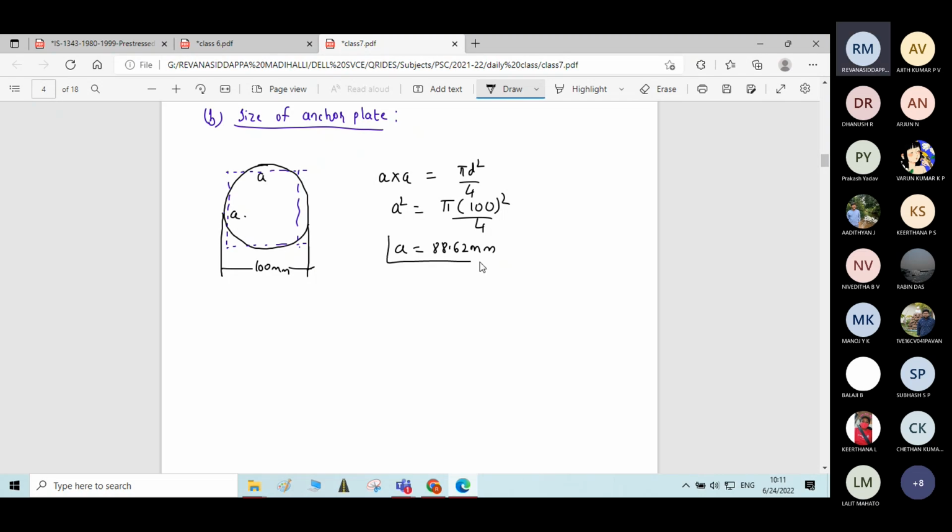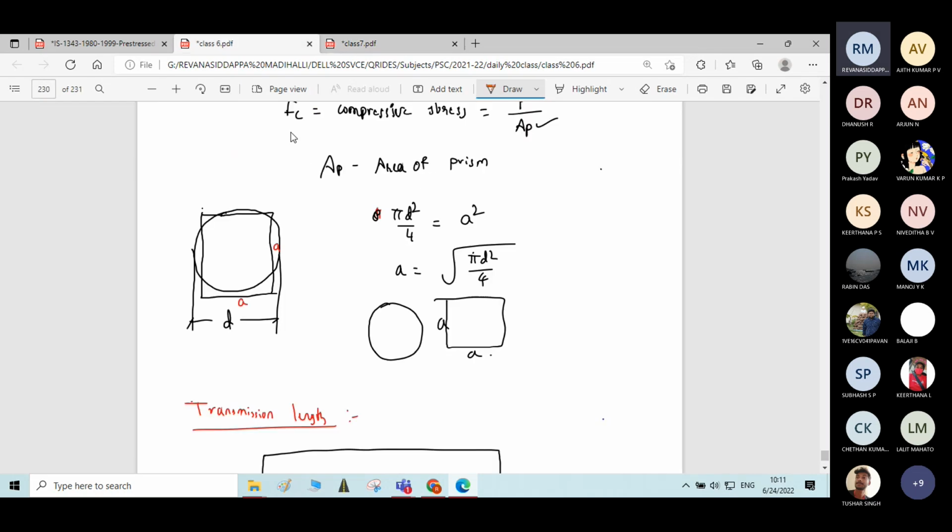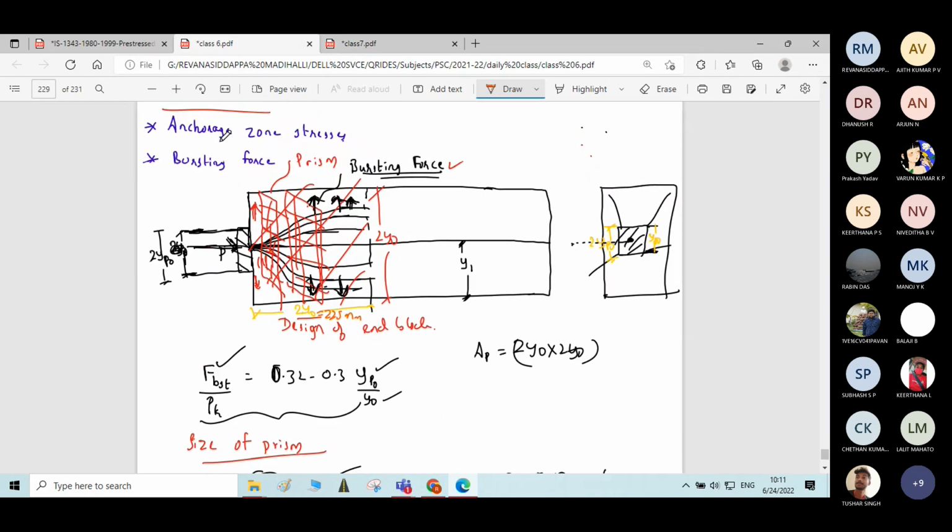88.62 millimeter. Now, what you have done is convert the circular cross section into a rectangular section, which is directly equal to 2 yp naught. The square plate size, the depth of the plate, is taken as 2 yp naught.